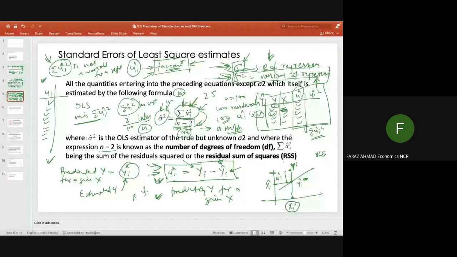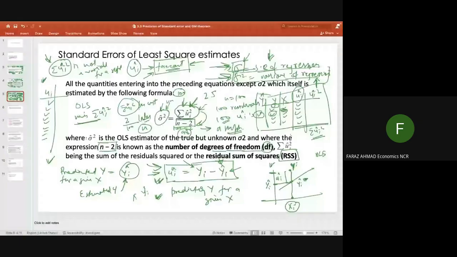Why n minus 2? I'll explain the concept of residual sum of squares, RSS, and the degrees of freedom, DF. At that point I'll explain why n minus 2, why not n. It is explained a little bit here, so I will leave it right now.